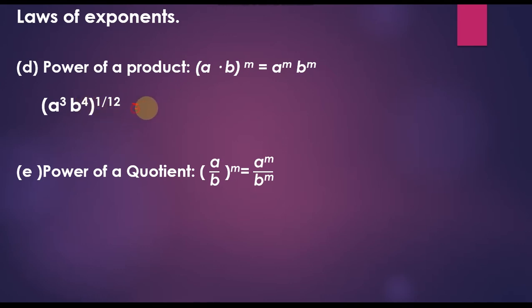So we can write this one as equals a, copy first the exponent 3, then multiply it by 1 over 12. Next is b raised to 4, then also multiply it by 1 over 12.